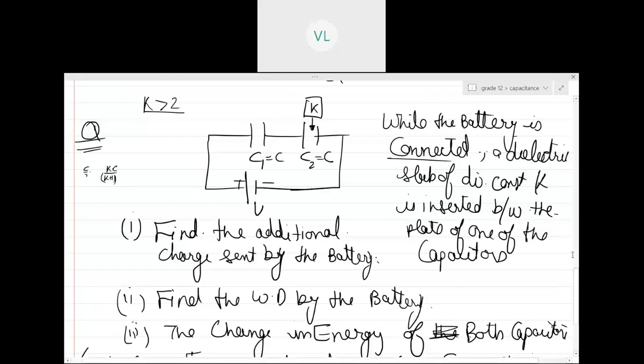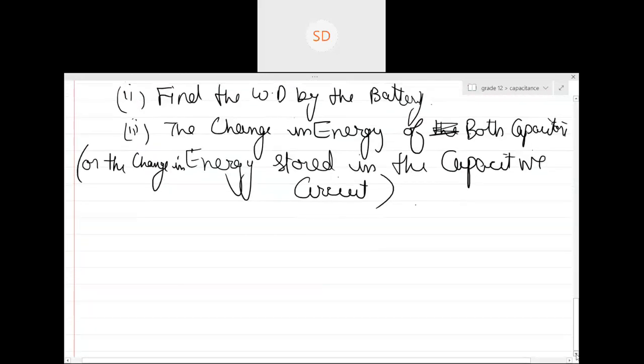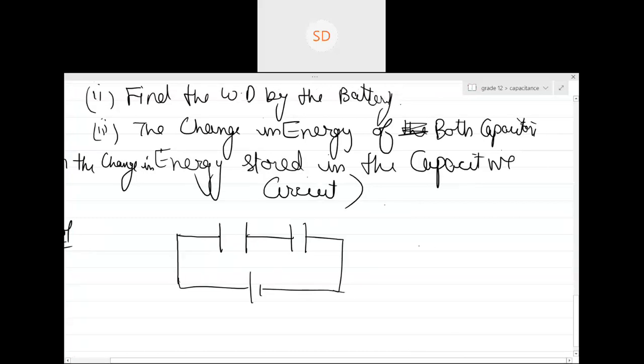Okay guys, how will we do this? Go to the basics. Just assume this is the first circuit, and after this it became like this.